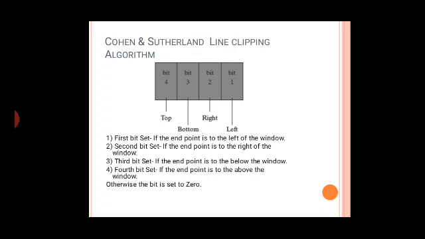If the endpoint is below the clipping window, the third bit is set. And if the endpoint is above the clipping window, the fourth bit is set to the value 1. Otherwise the bit is set to 0. Now we'll see this in detail.